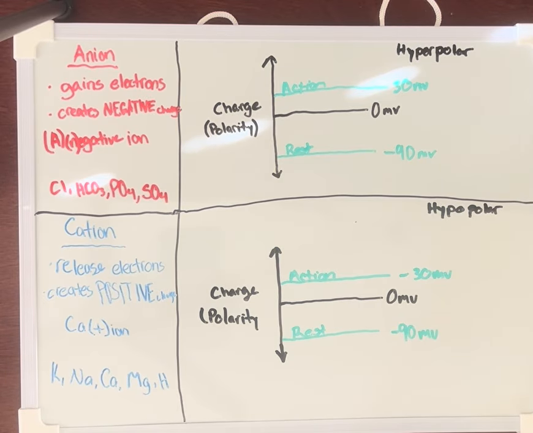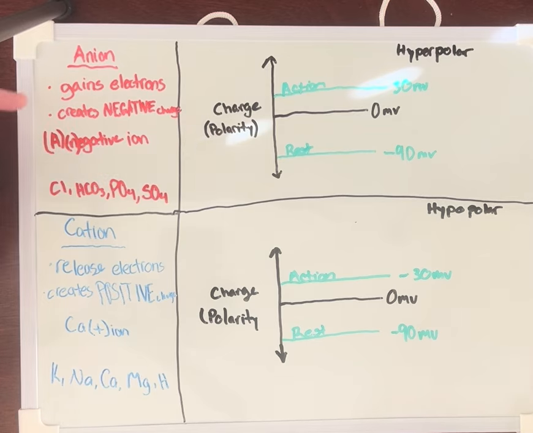So with ions, that basically means a molecule or atom that has gained or lost electrons. And remember that electrons are negatively charged. So anions are going to gain electrons. Since electrons are negative, if they gain them, it creates a negative charge, which seems counterintuitive, right?